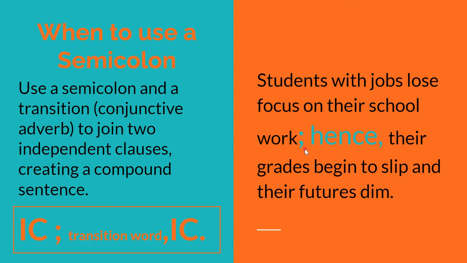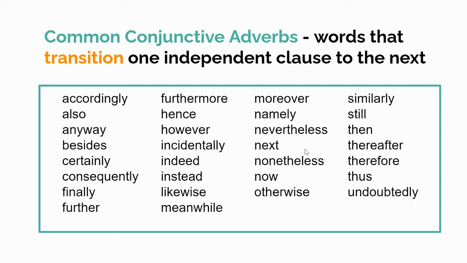They are inextricably linked. And just in case you were wondering, this slide is a list of some of the most common conjunctive adverbs, also known as transition words. So you can put a semicolon in front of it, and then a comma, and then a second independent clause, and you can make that work.